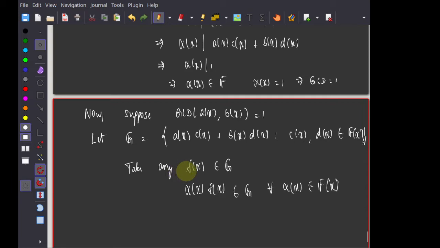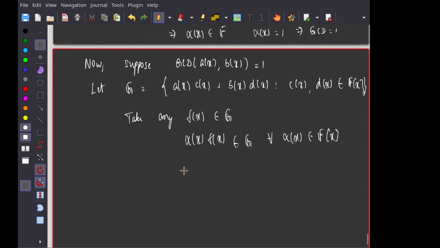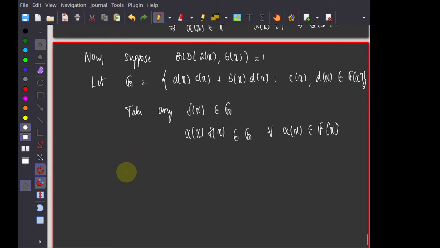Does G form a group? So we know the set of all polynomials forms a ring, and this is potentially some subset of the polynomials. So there are only two properties that we need to verify: whether it is closed under addition and whether additive inverses exist.